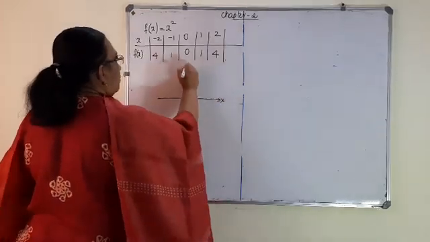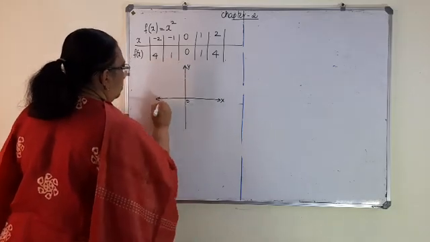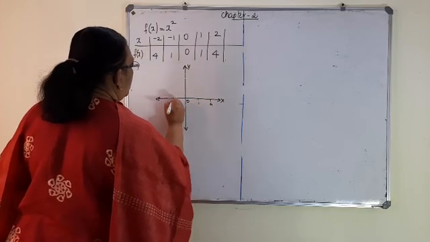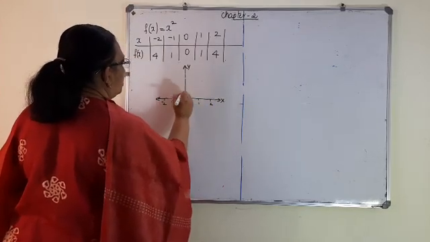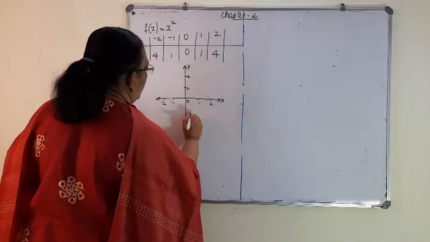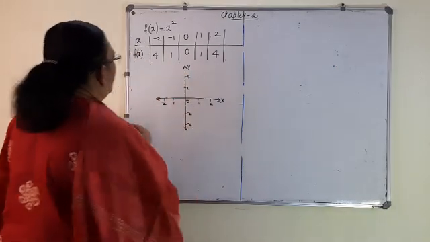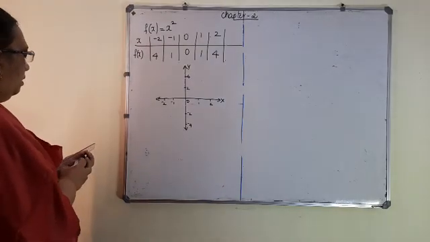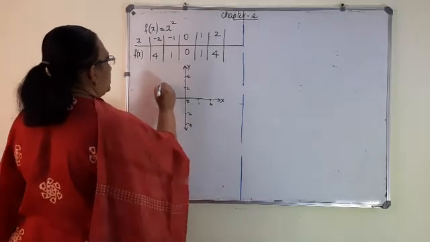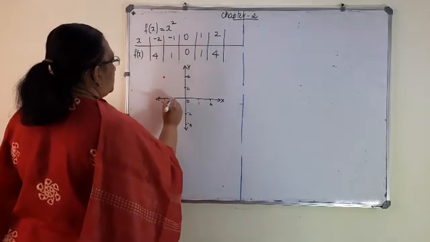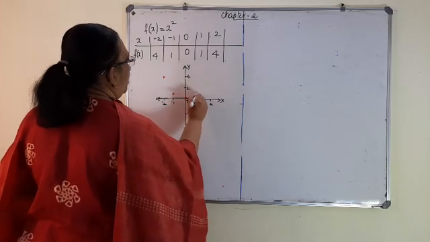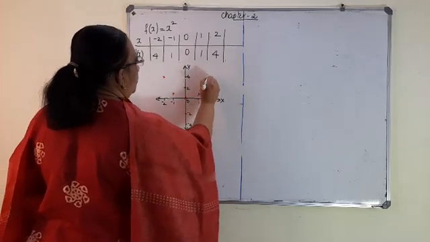X values, y values: 0, 1, 2, minus 1, minus 2; 0, 1, 4. The points are minus 2, 4; minus 1, 1; 0, 0; 1, 1; 2, 4.